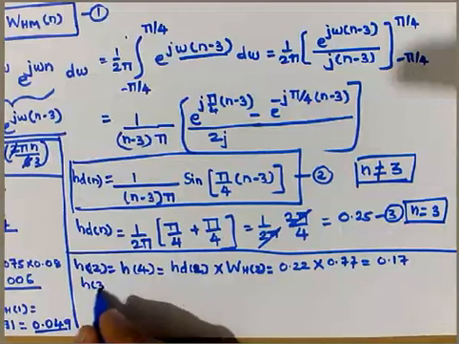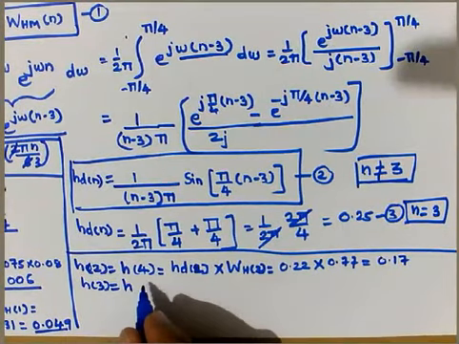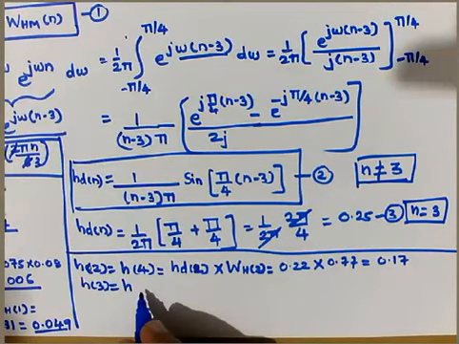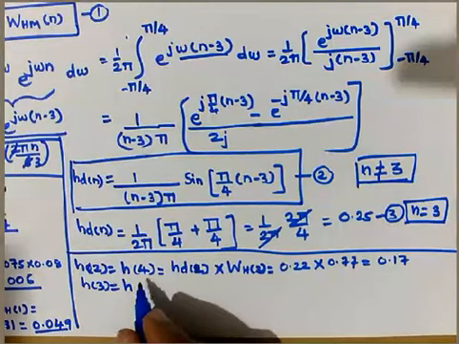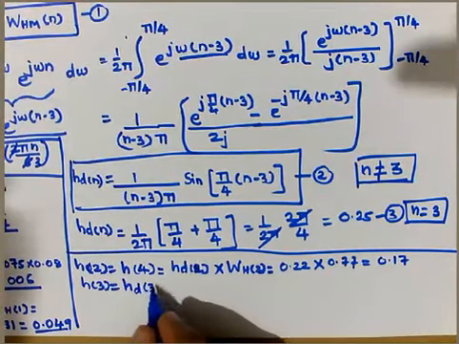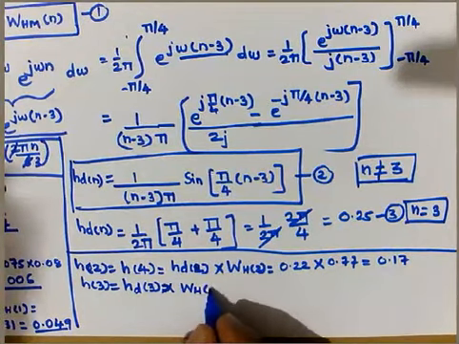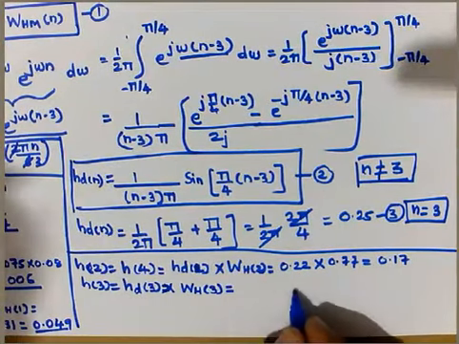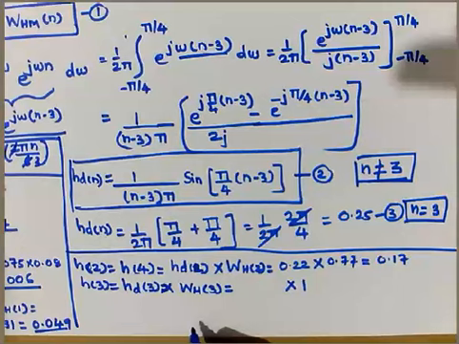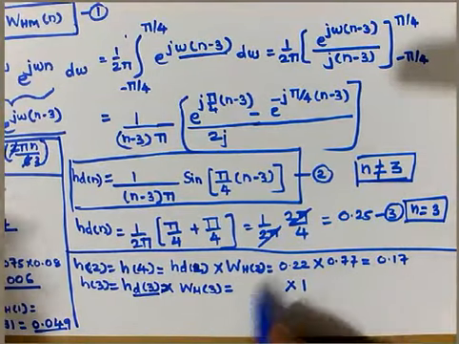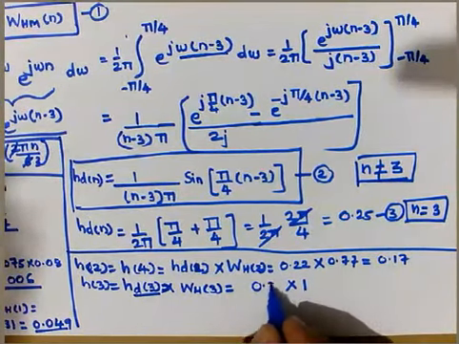Similarly, h of 3 is obviously the same as that of hd of 3 into wh of 3. So wh of 3 is actually 1 and hd of 3 is nothing but 1 by 4, that is 0.25.